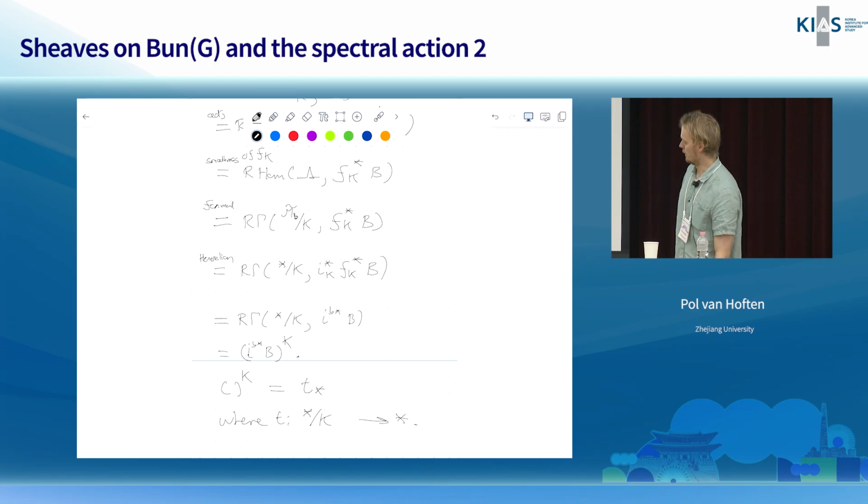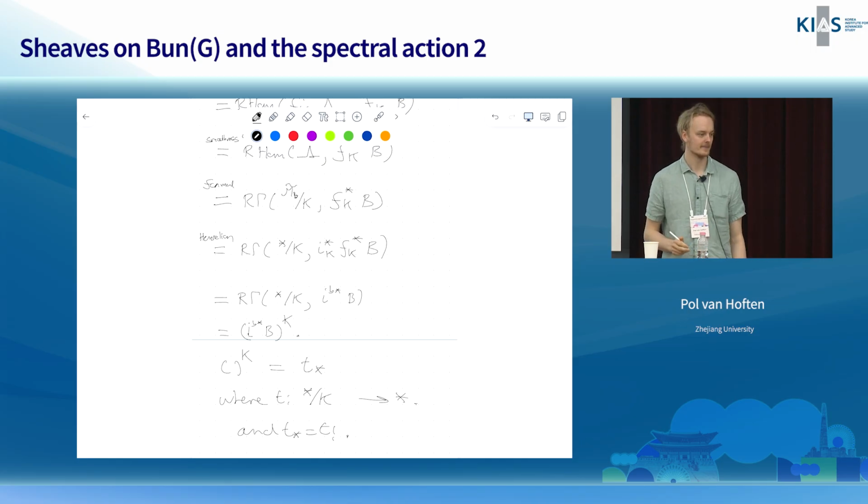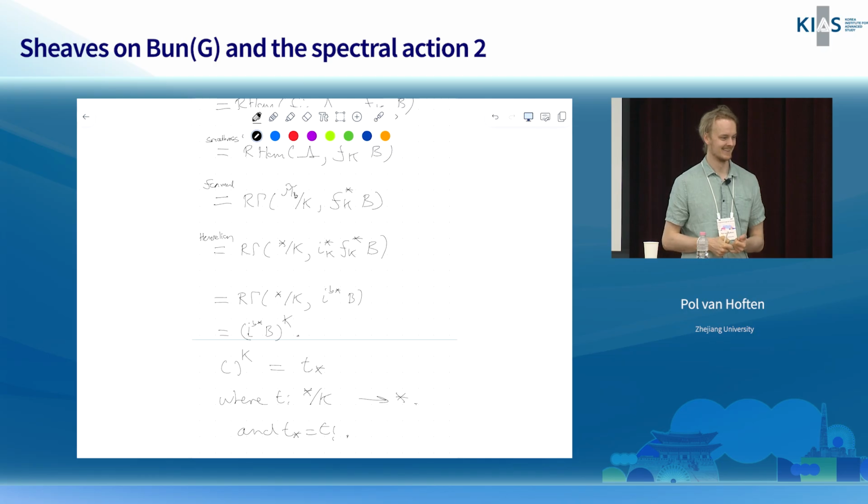But since K is a nice p-adic Lie group, and lambda is a pro-p, and lambda is prime to p, t is cohomologically proper. So t lower star is t lower shriek, and t lower shriek commutes with colimits. I think a more classical way of saying that is that for compact open pro-p groups, K invariants are the same as K coinvariants, and K coinvariants is a left adjoint.